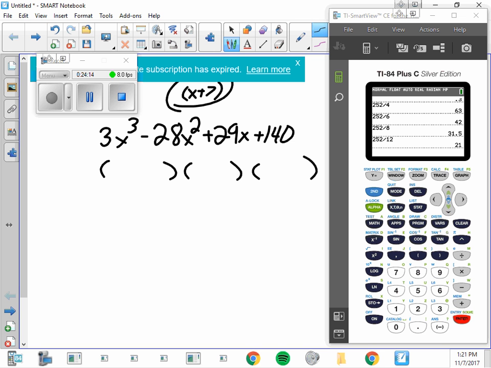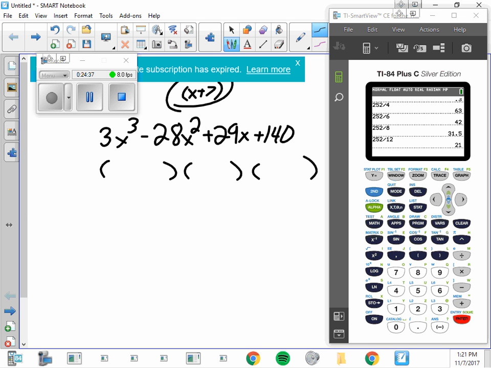So how do you tell? You just divide them. You divide by x plus 7, and how do you know whether x plus 7 belongs or not? If the remainder is 0, the answer is yes. If the remainder is anything other than 0, the answer is no. What are we really asking?